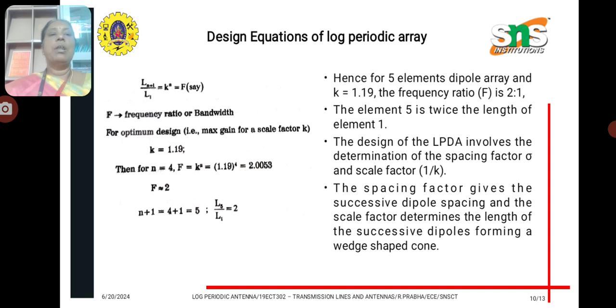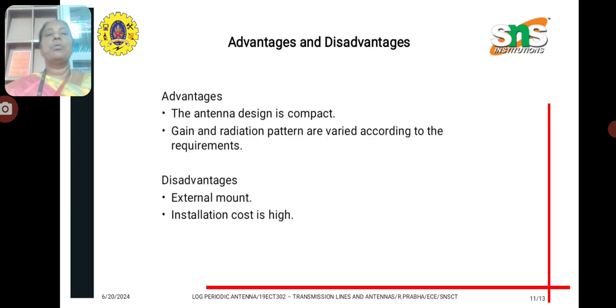The design of LPDA involves the determination of the spacing factor sigma and the scale factor 1 by K. The spacing factor gives the successive dipole spacing and the scale factor determines the length of the successive dipoles forming a wedge-shaped cone.